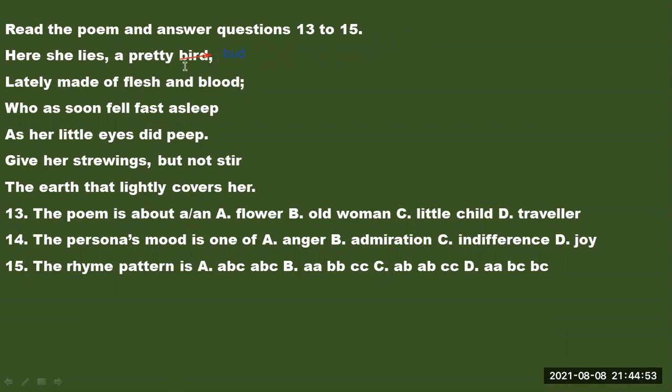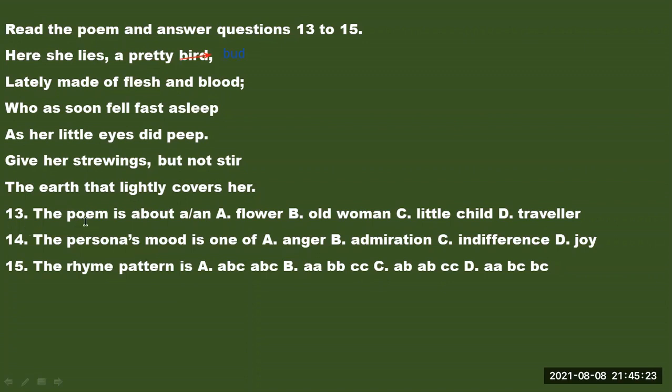You know, so here she lies, a pretty bud, lately made of flesh and blood, who as soon fell fast asleep as her little eyes did peep. Give her strewings, but not stir. All right, so the earth that lightly covers her. Okay, so we have read the poem. Let's now address the questions.